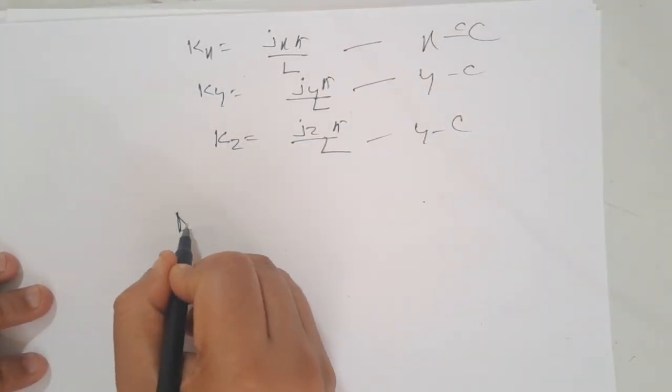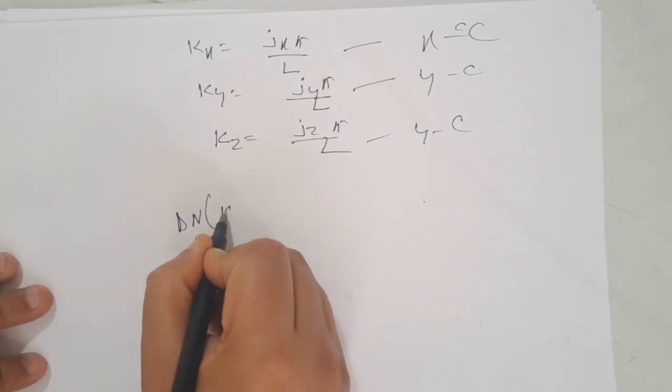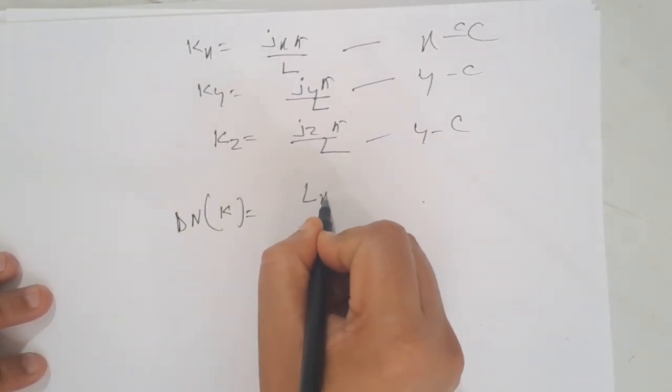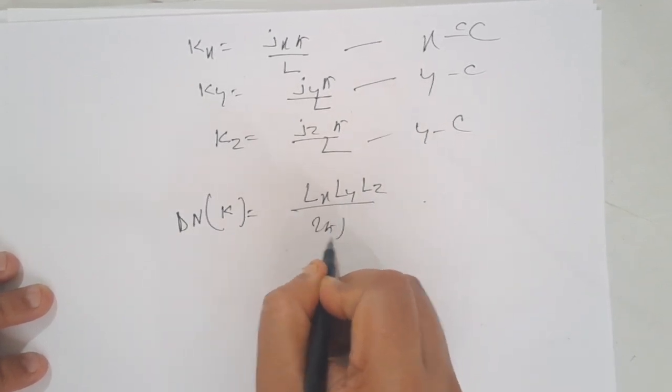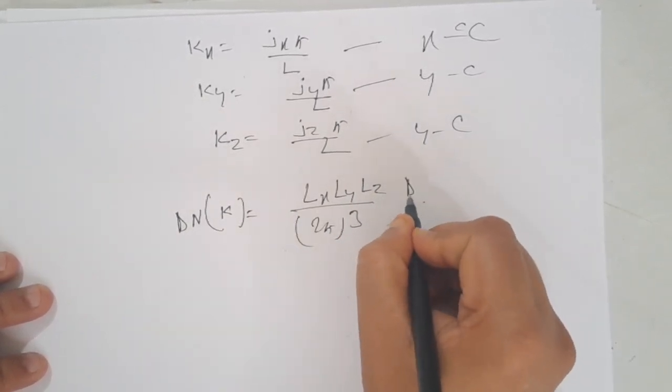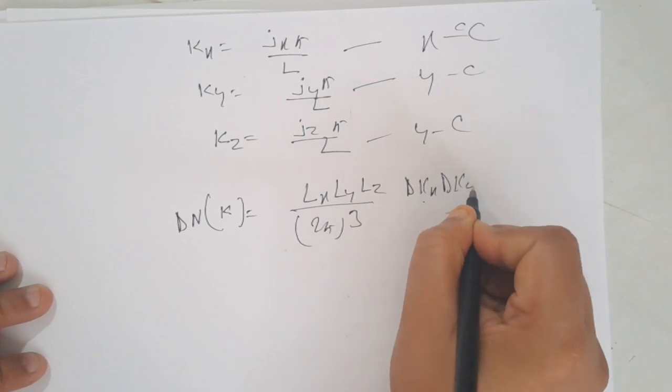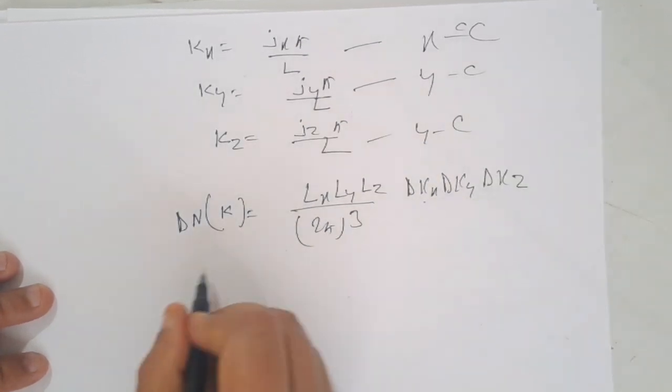So the number of modes delta n k is equal to (Lx Ly Lz divided by 2 pi cubed) delta kx delta ky delta kz.